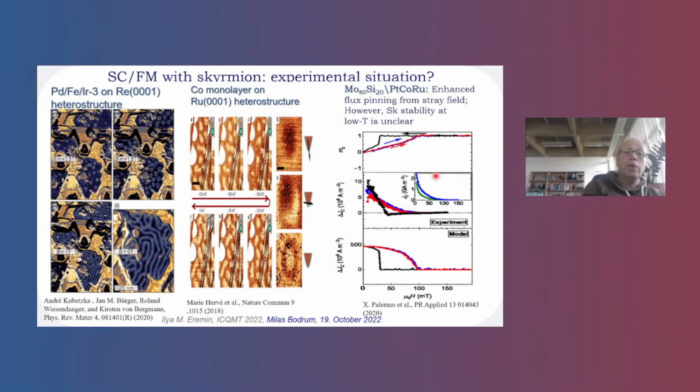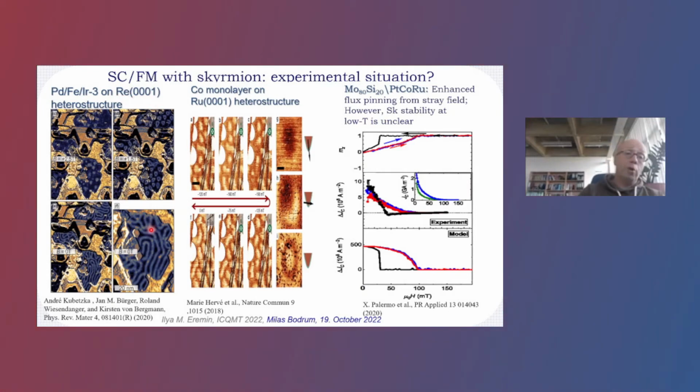Regarding the experimental situation, it's also a bit of a problem because you need to bring together materials which host skyrmions. This is, for example, one of the realizations done by Wiesendanger and collaborators, Kirsten von Bergmann, where they brought palladium iron iridium and successfully showed that you do have formation of skyrmions, which you can see, for example, here on top of the rhenium 0001 surface.